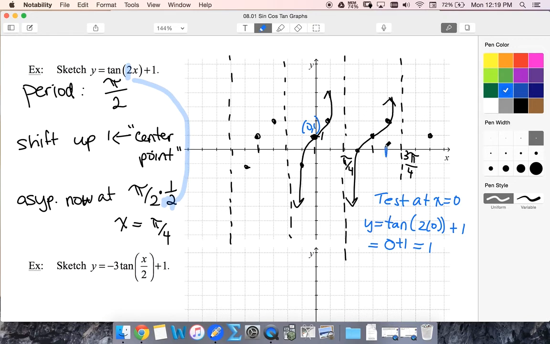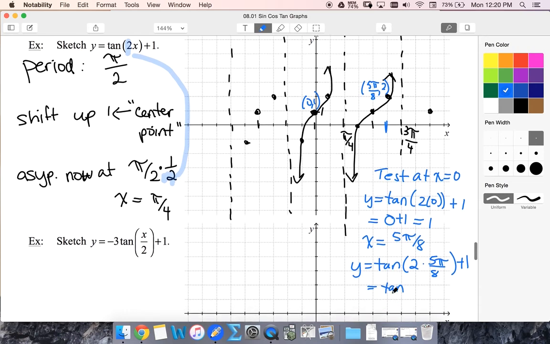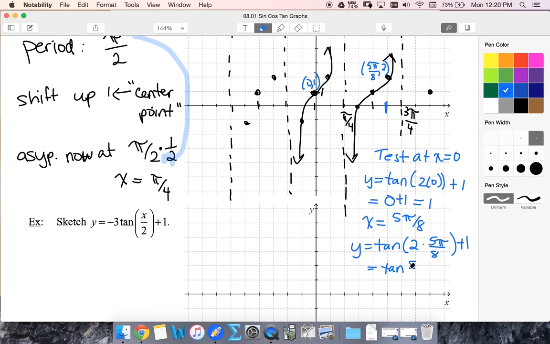Let's check this one over here. Every 2 boxes was pi over 4, so that means 1 box is pi over 8. So 1, 2, 3, 4, this is 5 pi over 8. And my y value, it looks like I've said, is 2. So let's check that. So x equals 5 pi over 8. When I plug that in, tan of 2 times 5 pi over 8, plus 1, that's tan of 5 pi over 4 plus 1.